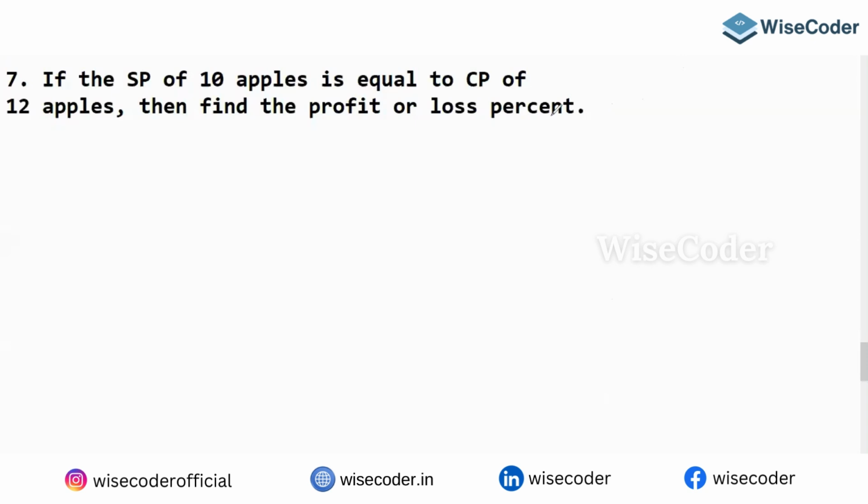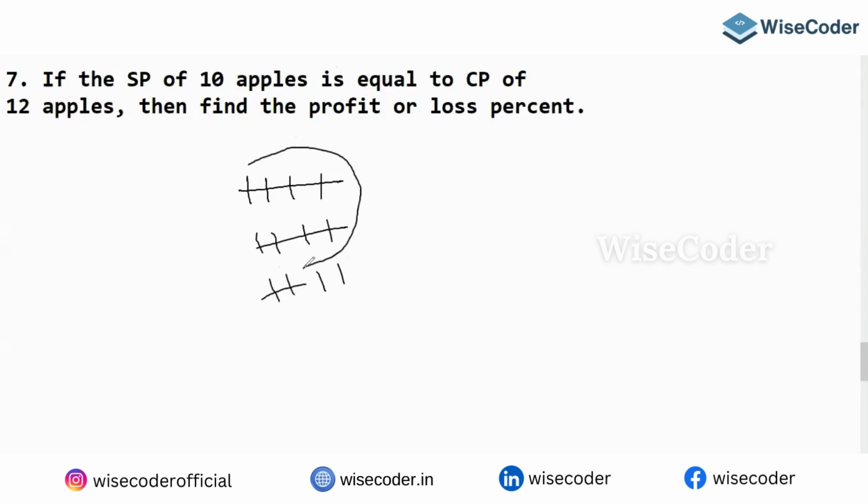So ask yourself a question. The moment you read 10 SP equals 12 CP, it means there are a total of 12 apples. You sold 10 apples out of 12.